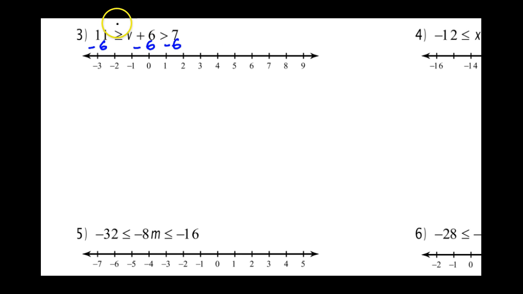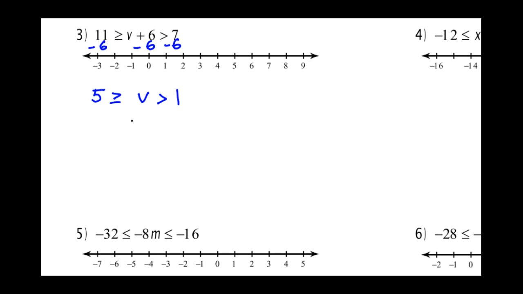So 3 times. That's new. 11 minus 6 is 5. And 6 minus 6, 0. So we get b. And then 7 minus 6, we get 1.